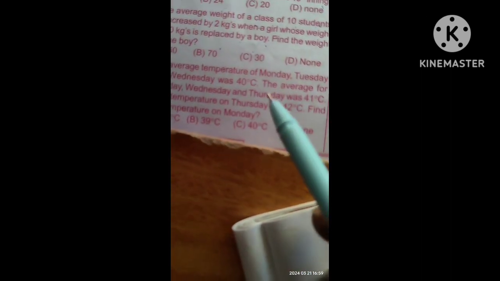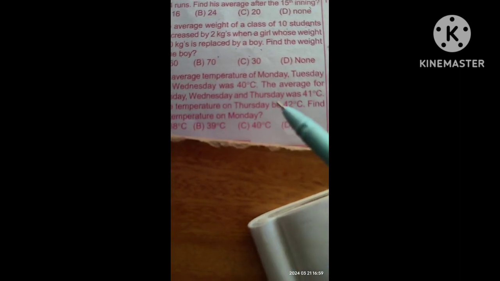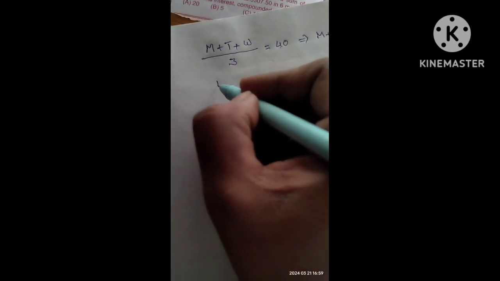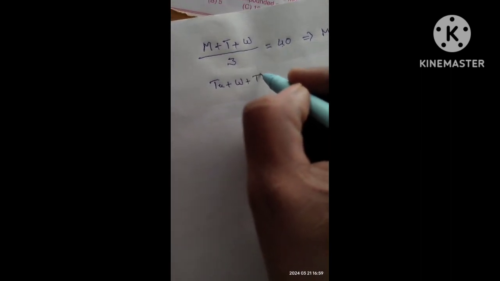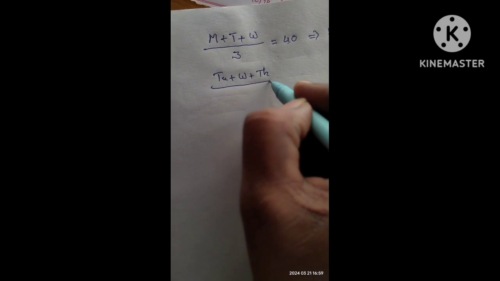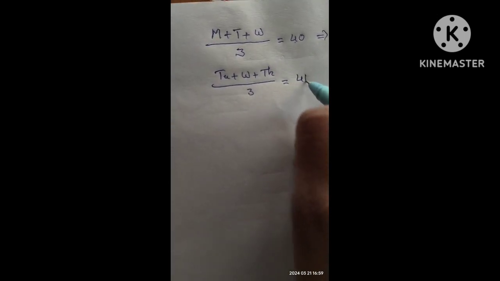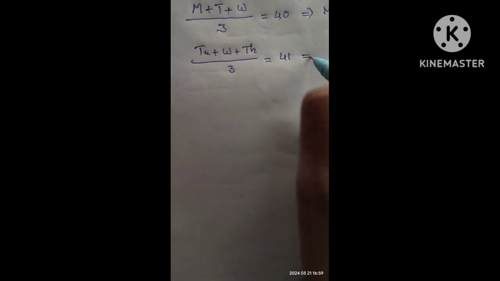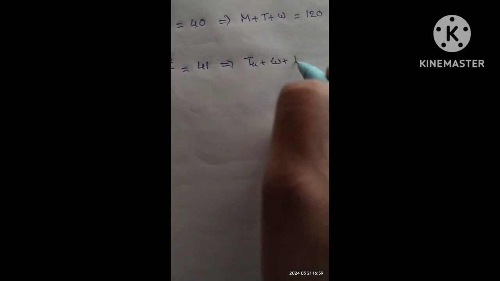And next they said the average for Tuesday, Wednesday and Thursday. So Tuesday plus Wednesday plus Thursday, that is also 3 days, so by 3, is given as 41 degrees centigrade.